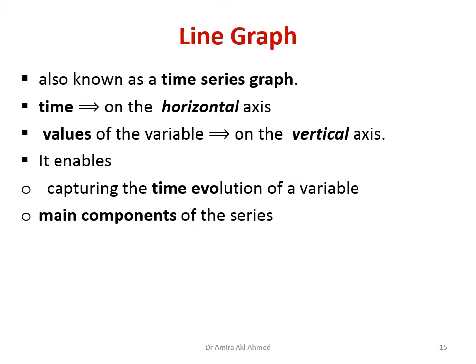A time series graph enables us to visualize how a variable has evolved over time. It captures the time evolution of a variable and its main components, even if the dataset is so large.